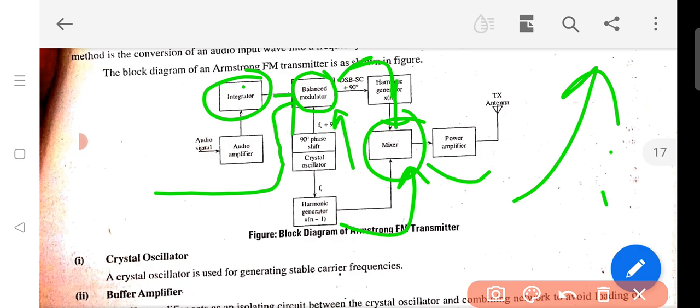There are two types of AM transmitters, high level and low level. There are two types of FM transmitters we discussed here: one is the variable reactance type and the other is the phase modulated FM transmitter. One is the direct method and the other is the indirect method. The direct method is the variable reactance type, and the indirect method is the phase modulated method, also called the Armstrong method of the FM transmitter.